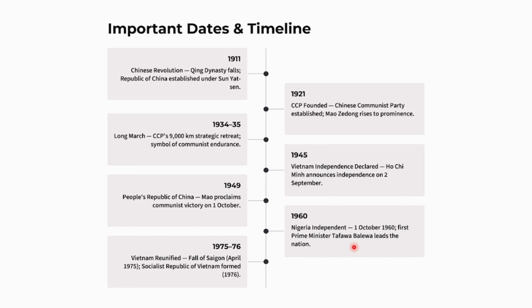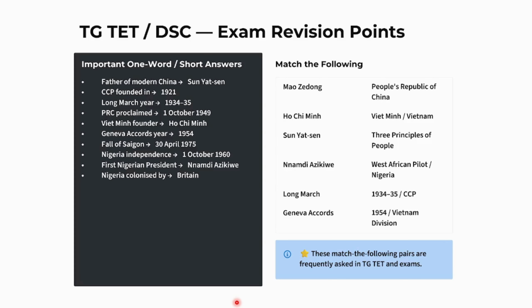Okay, this you have to remember. Then 1975-76, Vietnam reunified, fall of Saigon. April 1975, and the Socialist Republic of Vietnam formed in 1976. So for TET and DSC purposes you have to remember: father of modern China, Sun Yat-sen. Chinese Communist Party founded in 1921. Long March 1934-35.